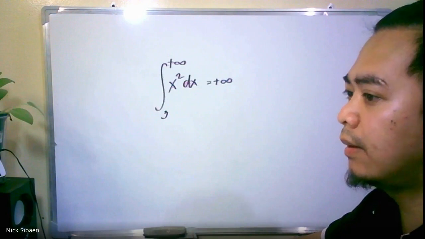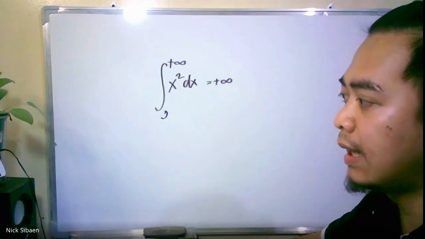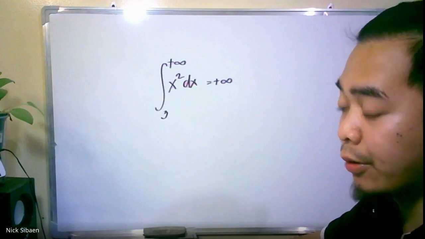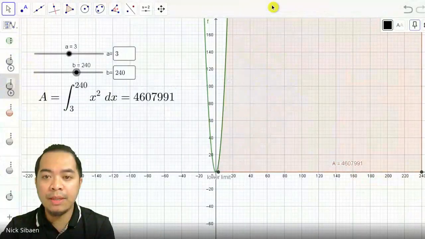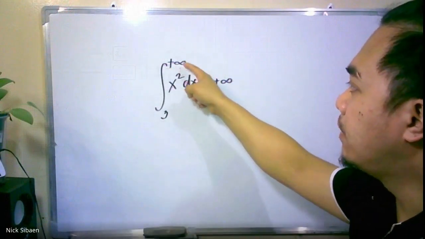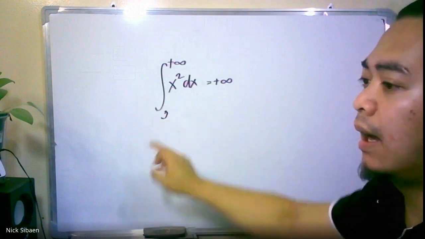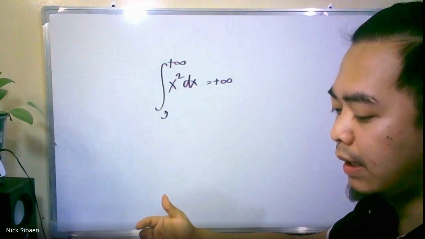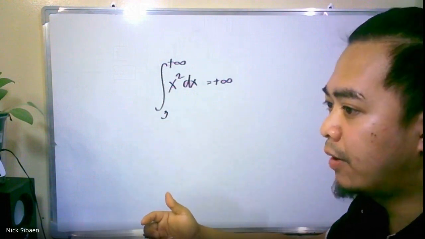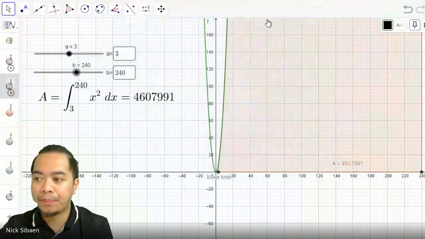Later on, we will do it algebraically para alam nating i-compute kahit hindi natin nakikita yung kaniyang graph. So, yun yung ibig sabihin ng ating improper integral. Isa sa kaniyang limit or actually both or pwedeng sa lower limit lang ay positive infinity. So that's the first type actually or the first group of improper integrals.